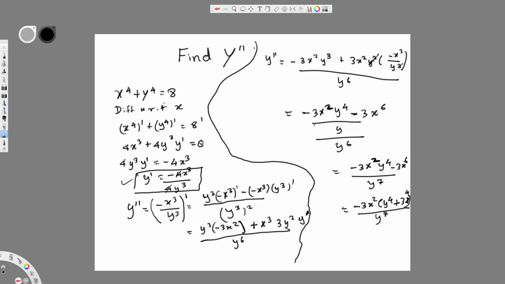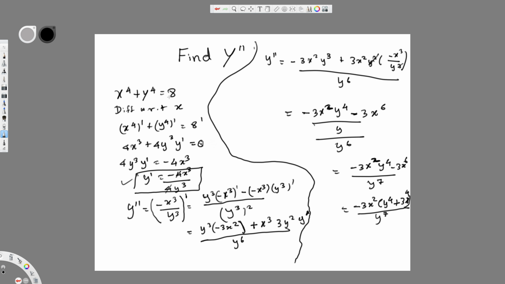And we have this information here: x to the power of 4 plus y to the power of 4 is equal to 8.